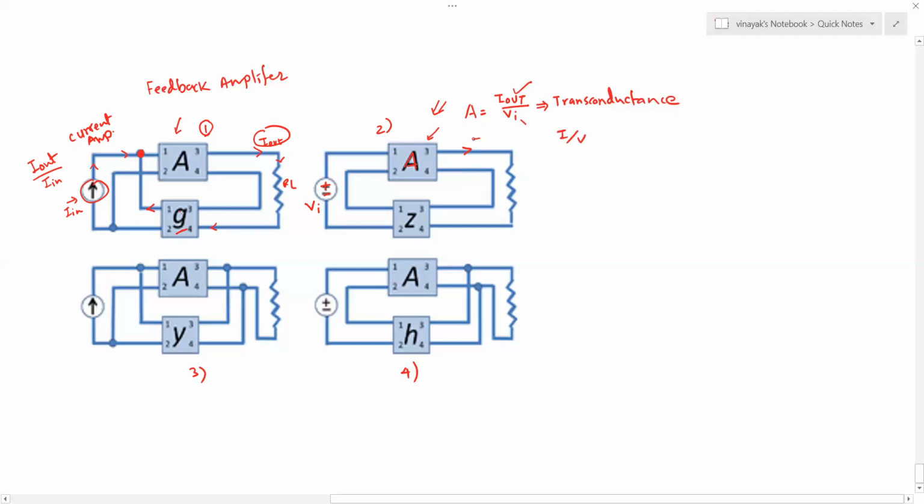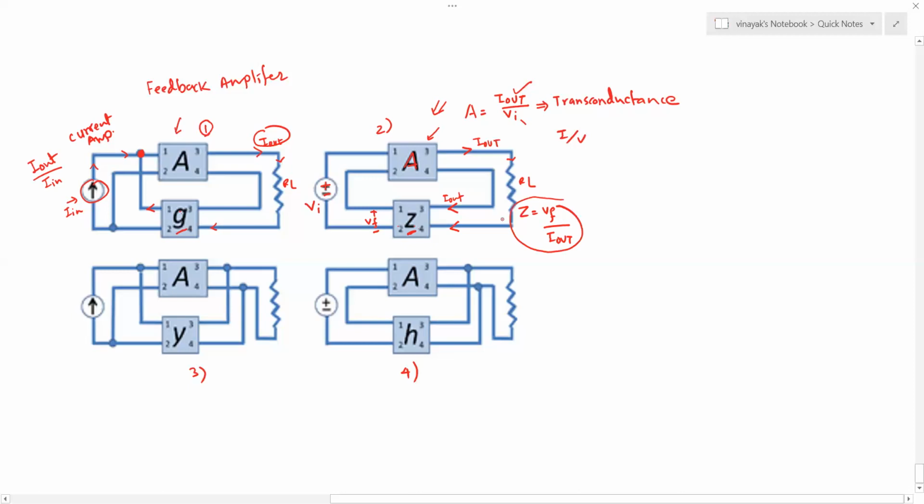Now this current I out flows through the load RL, and then it is applied to this network Z, and the output of this network Z is a voltage, let's say a feedback voltage. The input of this feedback block is I out, and the gain therefore is output divided by input. That's the definition of Z here.